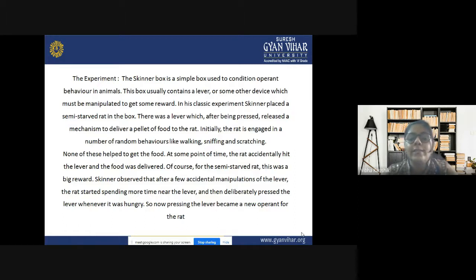So now pressing the lever became a new operant for the rat.